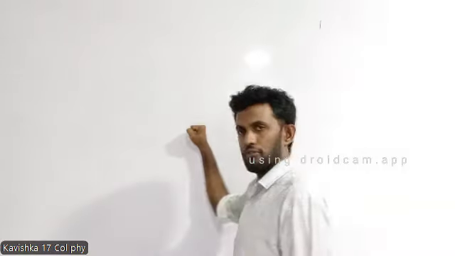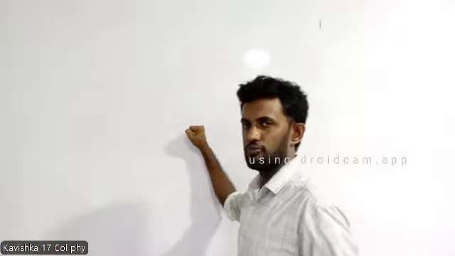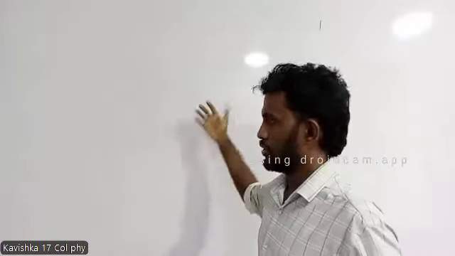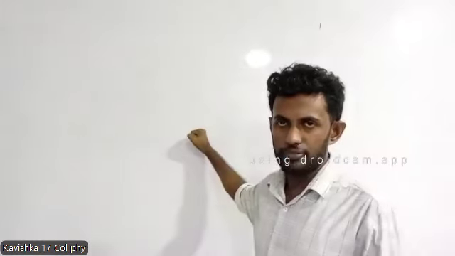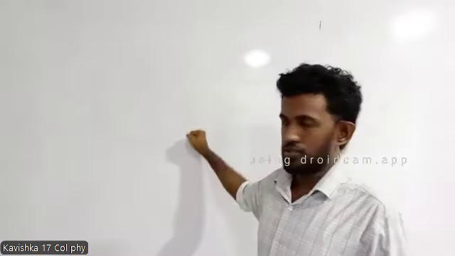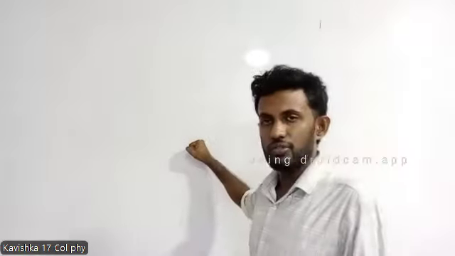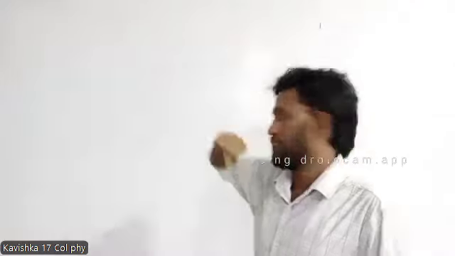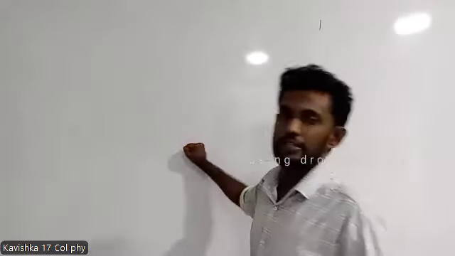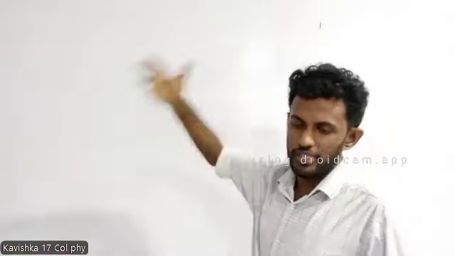Common examples. Every action has a reaction. What happens once you hit a wall or board or something? You feel pain, right? If you hit lightly, you feel less pain, but when you hit hard, your pain also increases.